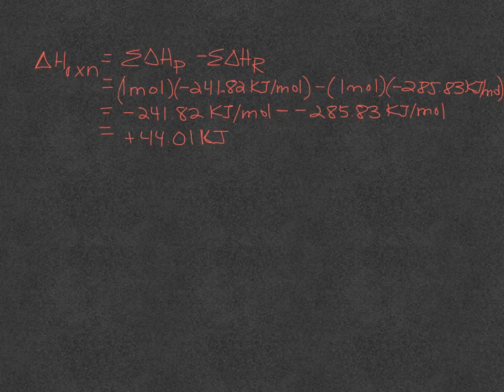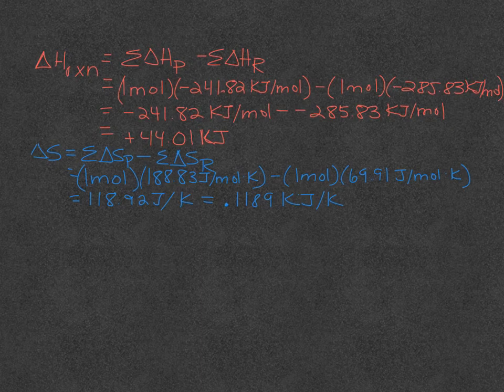All right, so if we plug in our values, the heat of the reaction would be 44.01 kilojoules, which makes sense that it would be endothermic because it's boiling or evaporation, so it would take energy. All right, so then if we do our calculation for delta S, we get 118.9 joules per Kelvin or 0.1189 kilojoules per Kelvin. So then we can plug those into the delta G equation.